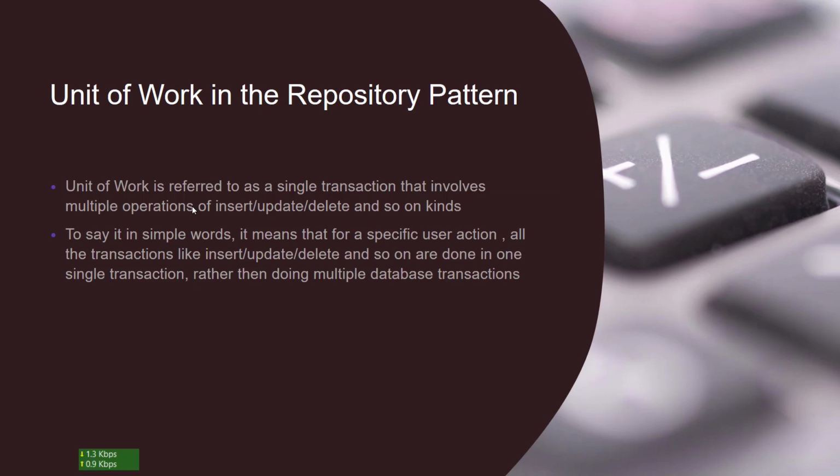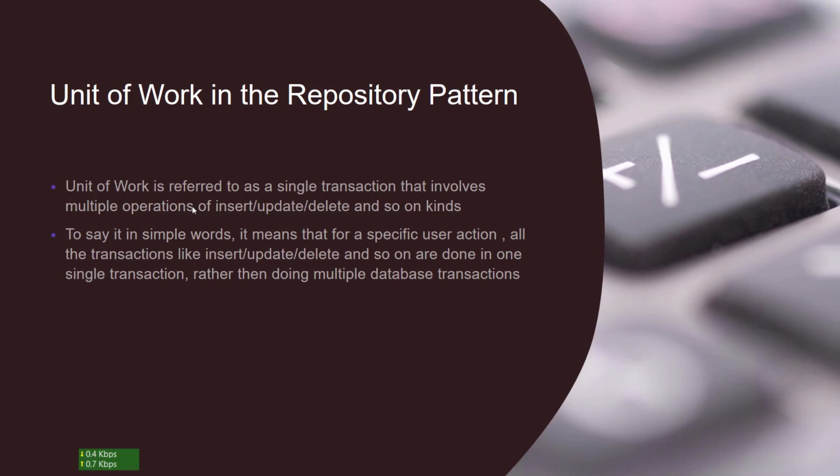Unit of work, as I explained in my intro, is just a single transaction involving multiple operations. For example, we have two or three tables involved, and those tables might have different types of operations. One needs an insert, another needs an update, and the third one maybe needs a delete.